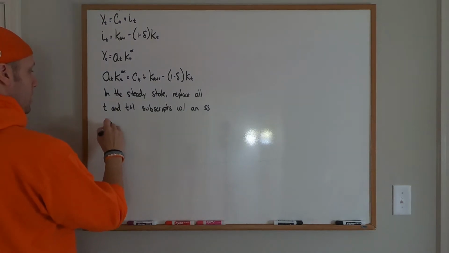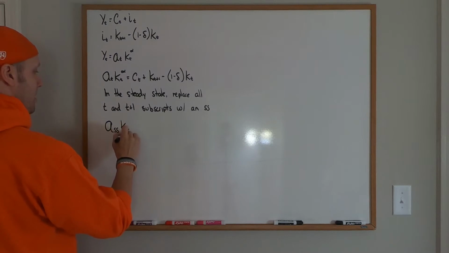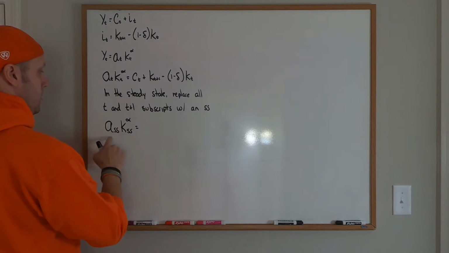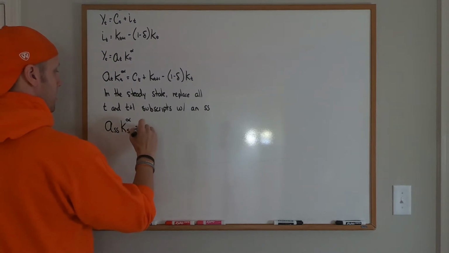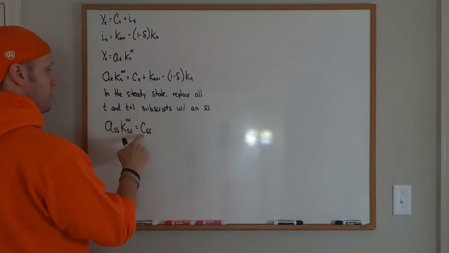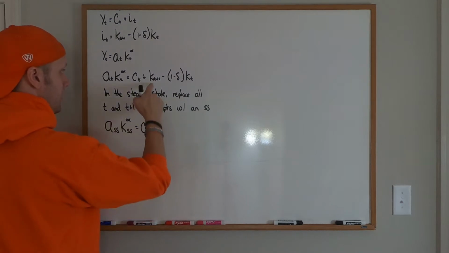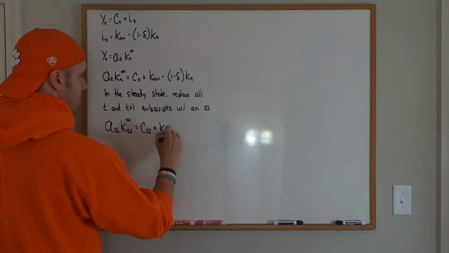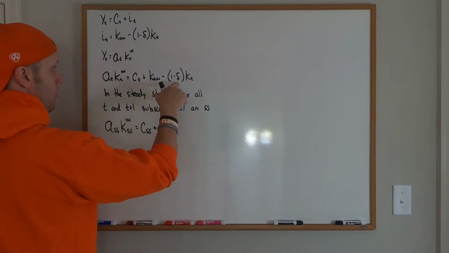So what we get is ASS times KSS to the alpha, so this is output in its steady state, equals steady state consumption, CSS, plus capital in the steady state, KSS, minus 1 minus delta.